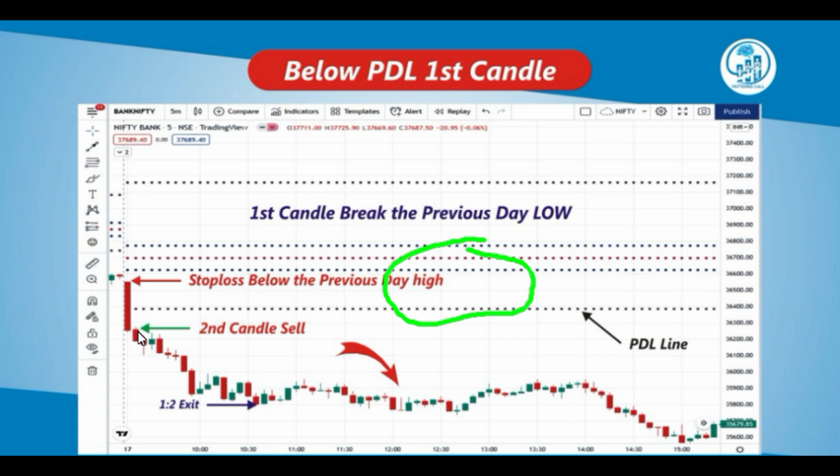You can sell here. Your stop loss is above this candle. Just 1:2 here, right? This is the second strategy. This works for narrow CPR days and inside value CPR. It's a high probability trade setup. This is working very well in the live market.